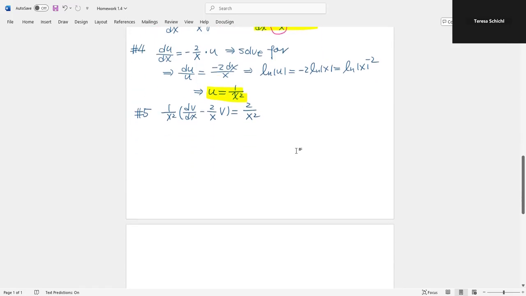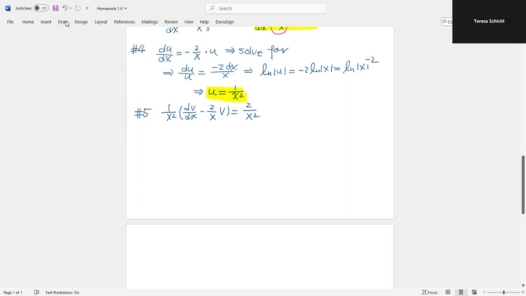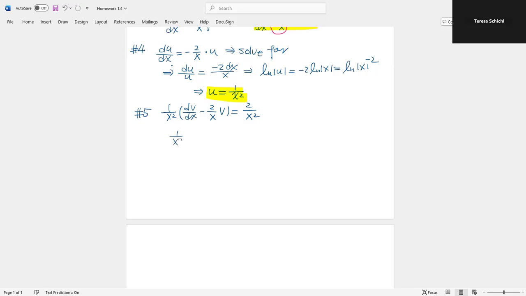Okay, so now let's see that. This one will be 1 over x squared. Maybe we can simplify that. So here we will put 1 over x squared dv/dx minus 2x v equal to 2x squared like before.